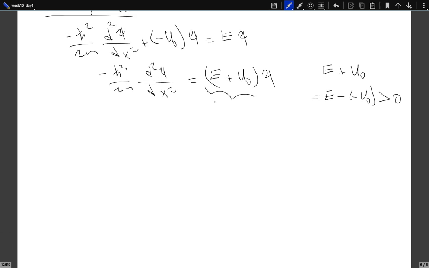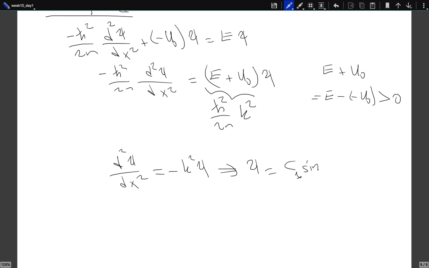Well, since this is positive, I will define it as h bar squared over 2m k squared, so that now the solution is this one. The solution is just, let me call it C1 sine kx plus C2 cosine kx.